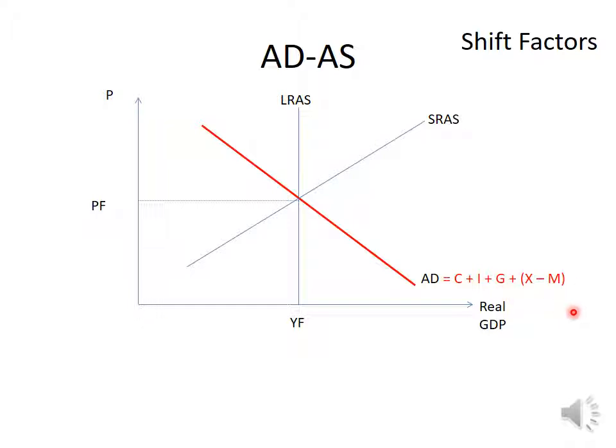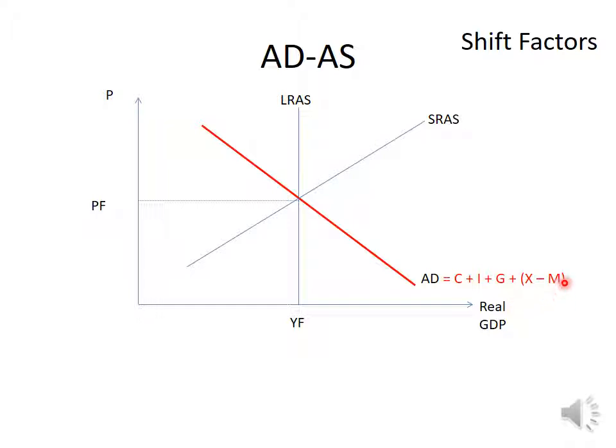Now, when a story is given to you, an event is given to you, look at what party they are talking about. If they're talking about consumer buying, then it's C. Businesses make investment. So if something is happening to the businesses, that is encouraging or limiting their activities, we're talking about investment. Government is quite straightforward. And then net exports, exports or imports.